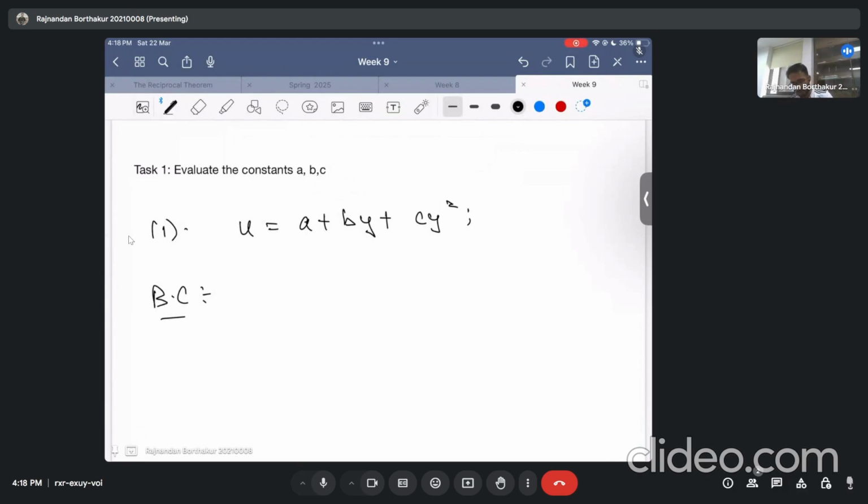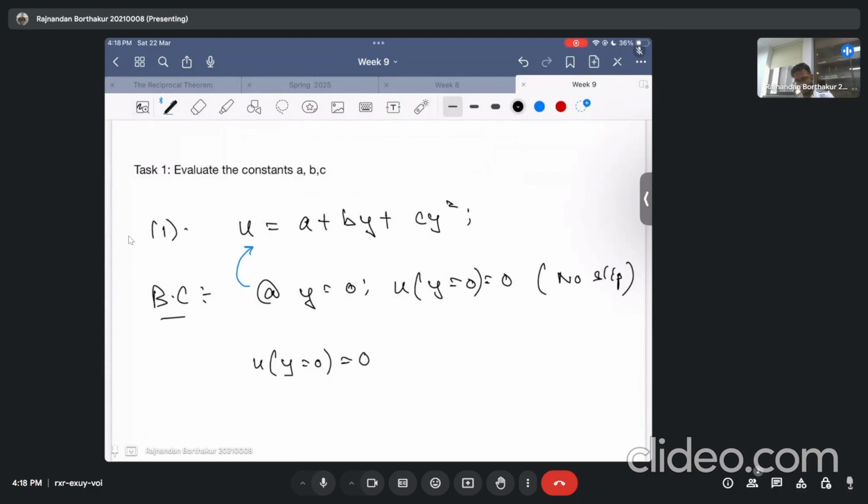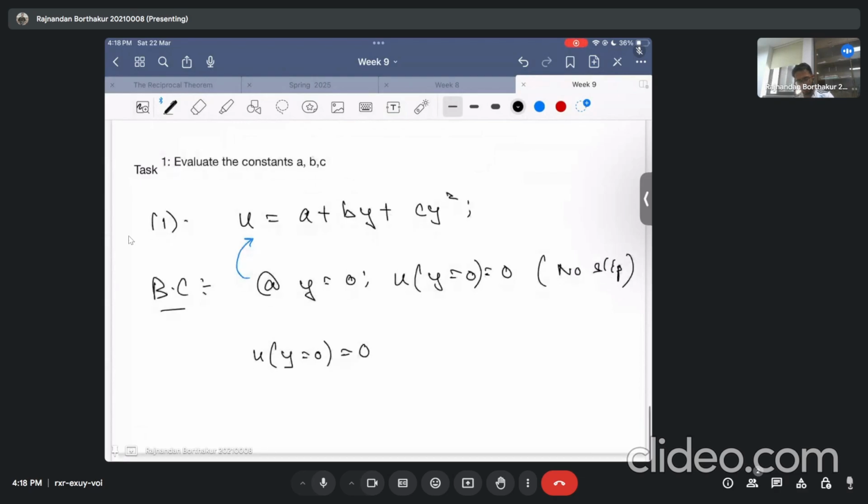So the first boundary condition is just trivial. At y equal to 0, I know that my u at y equal to 0 is just 0. This is the no slip. If I introduce this boundary condition into this velocity profile, we get that u at y equal to 0 is 0, and this gives me a equals 0.